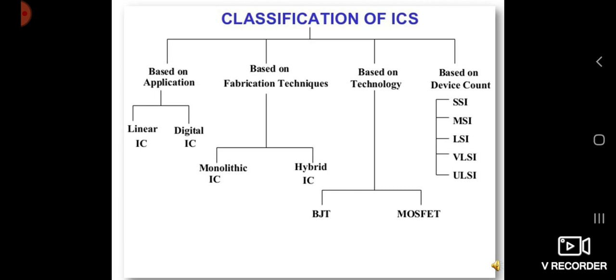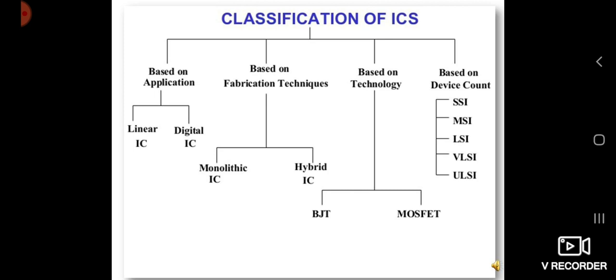Now, based on technology, that is what type of active devices we are using, we can further classify ICs widely into two types: BJT type of ICs, and the second one is the MOSFET type of ICs. However, further classifications depending on the technology are also available.